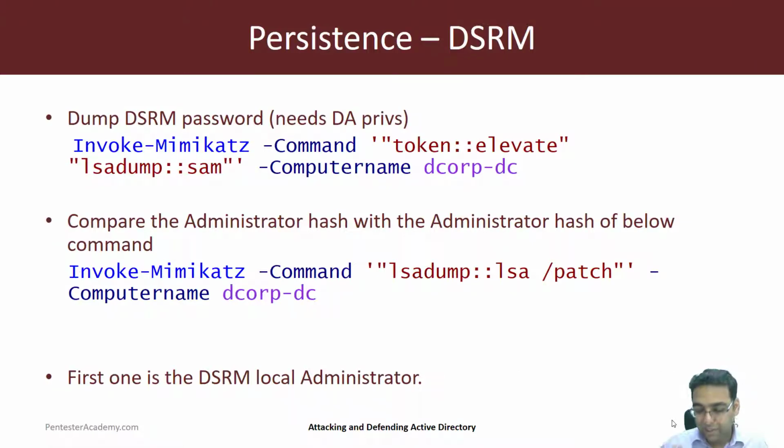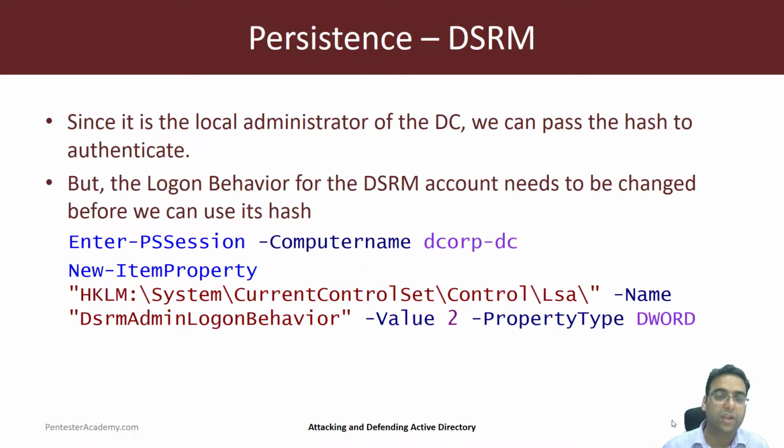Once we have these credentials, once again, we are talking about persistence. We already have domain admin privileges; we are just looking at ways of holding on to those privileges. Because this is a local administrator on the DC, or DSRM administrator, we can authenticate to the DC using this, but we need to change the logon behavior for this account before we can access the DC using these credentials from the network.